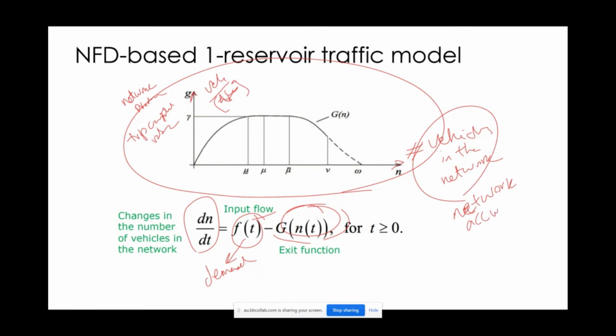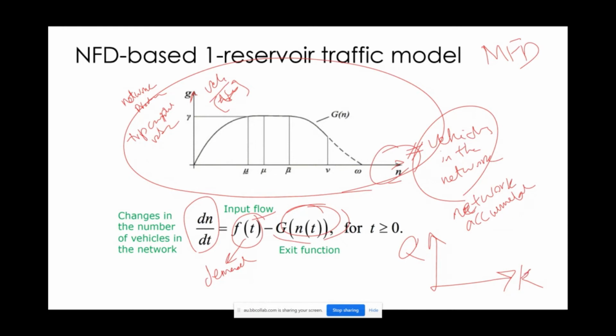Network accumulation. So this is equivalent to the MFD because look, previously we said MFD is the average network density versus average network flow, right? So what is density here? Here I have network accumulation, the number of vehicles in the network.